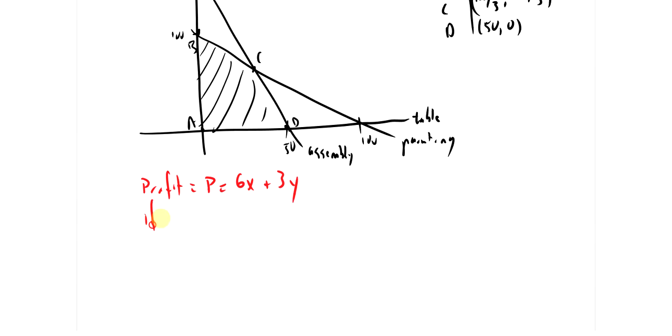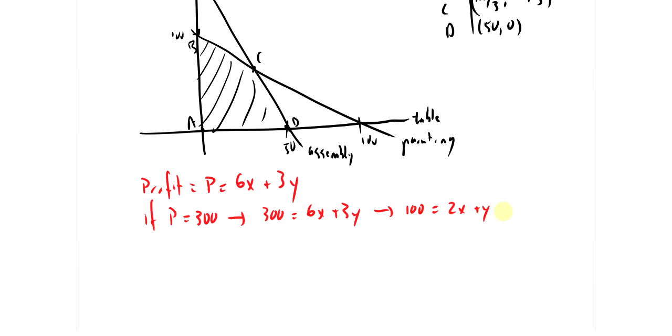So if P equals 300, right, $300 profit, that means he must be selling combinations of chairs and tables that satisfy this equation. 6 times the number of tables plus 3 times the number of chairs equals 300. We can simplify that a little bit. Divide everything through by 3.